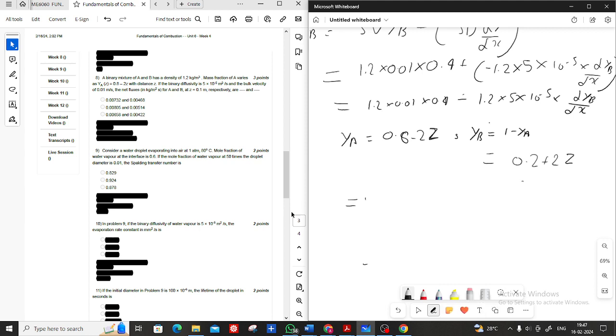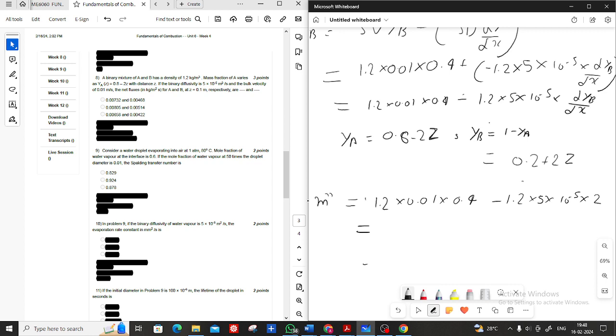So that the mass flux will be 1.2 into 0.01 into 0.4 minus 1.2 into 5 into 10 to the power minus 5 into 2.